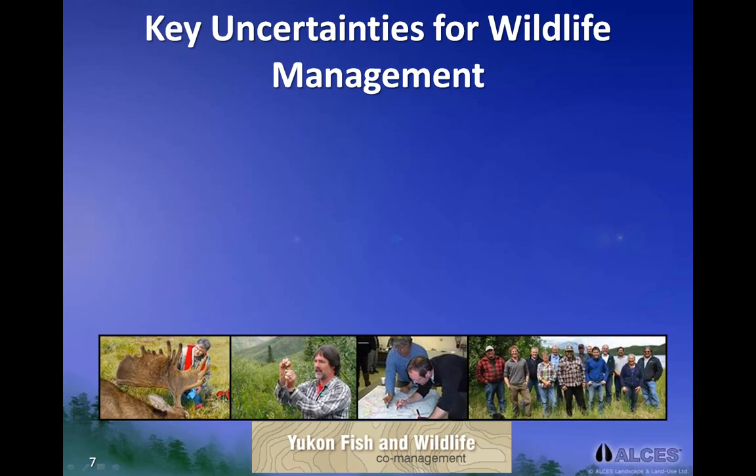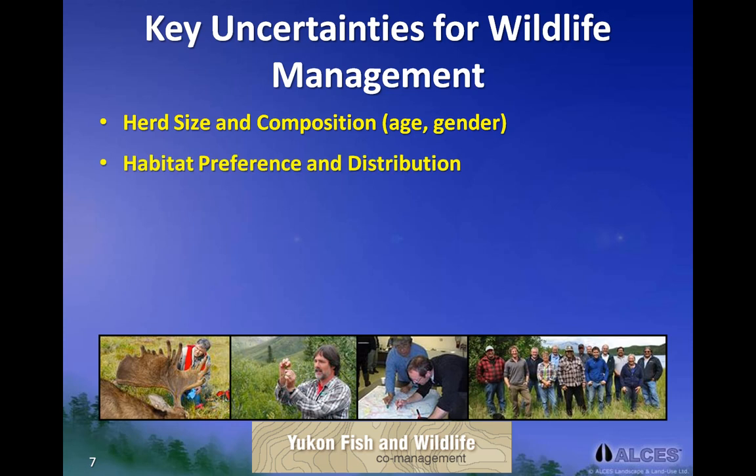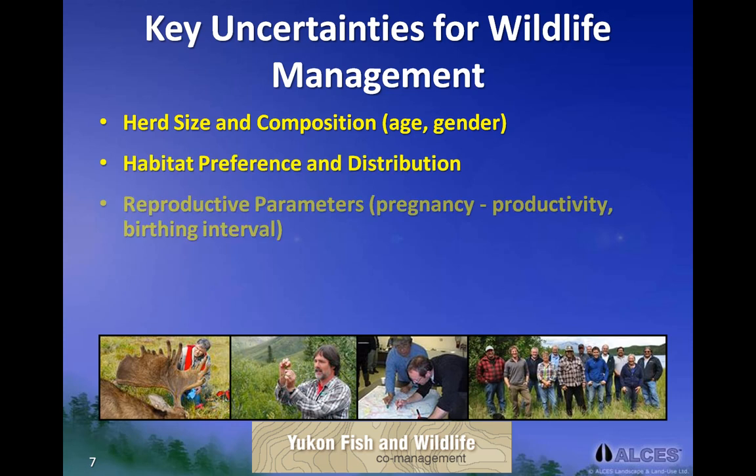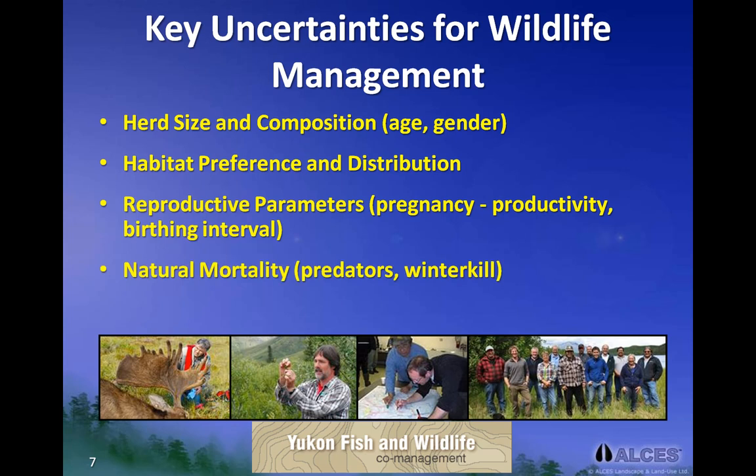In the real world of wildlife management, where governments and management boards have limited resources, it is very difficult to collect the full suite of data at frequent and regular intervals for each and every population. And often, we do not have complete and up-to-date information on population characteristics, such as herd size and composition, habitat preference and distribution, reproductive parameters such as pregnancy and productivity rates and birthing intervals, natural mortality from predators and winter kill, and harvest mortality.